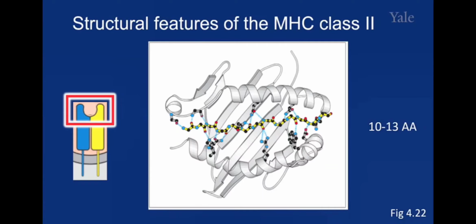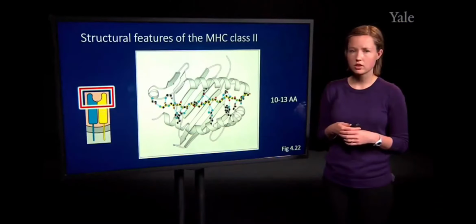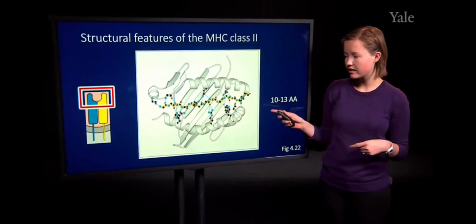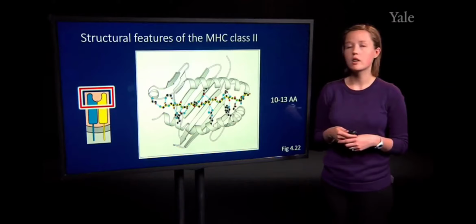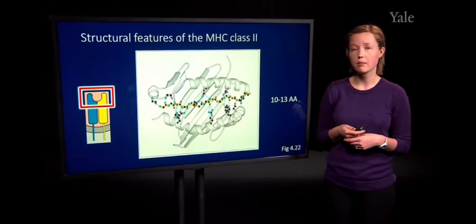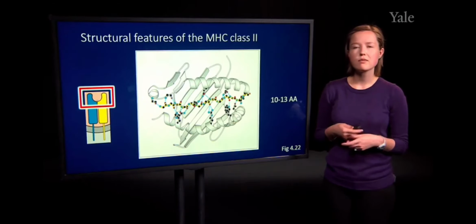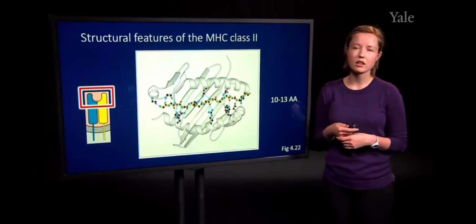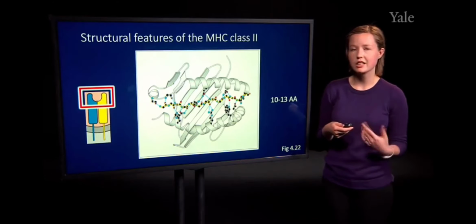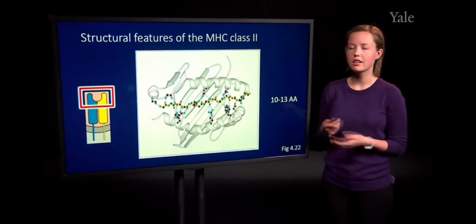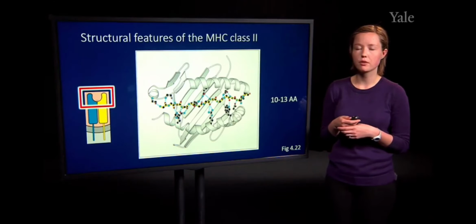And another thing that should stand out to you as an immediate difference between MHC class 1 and class 2 is that the ends of this peptide binding groove are not as restrictive in MHC class 2. So this can facilitate peptides that are a little bit longer, such as 10 to 13 amino acids, as compared to the preferred 8 to 10 amino acids for MHC class 1.